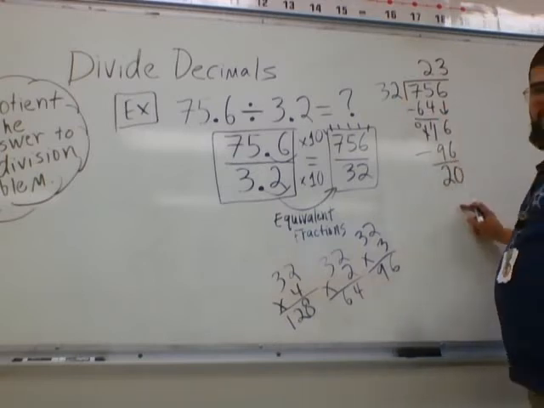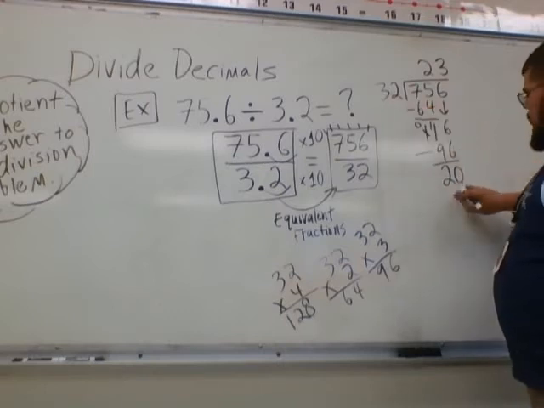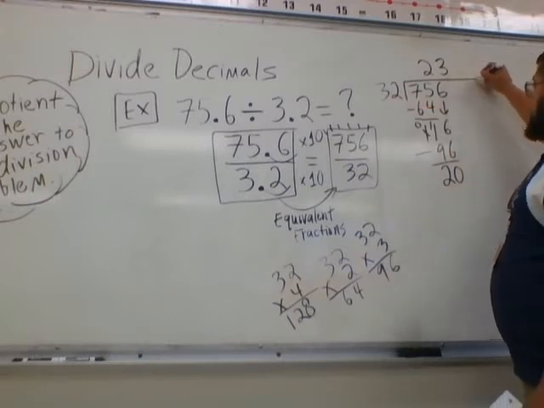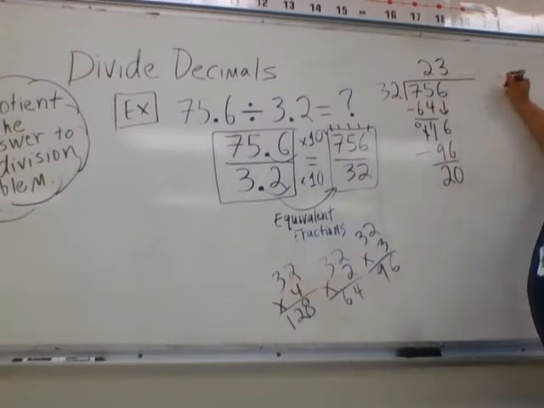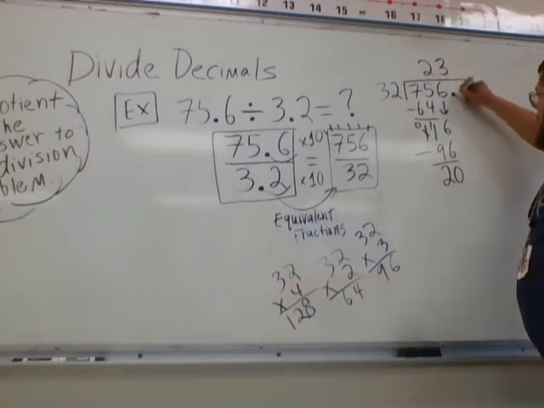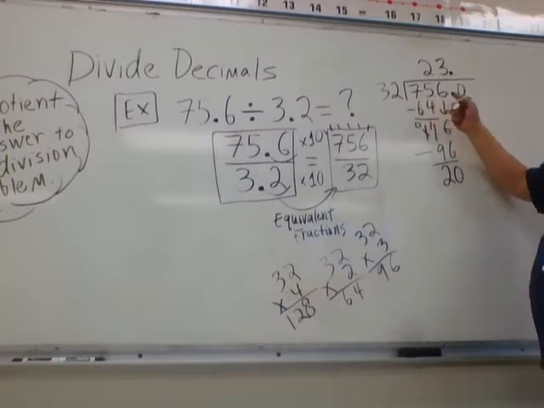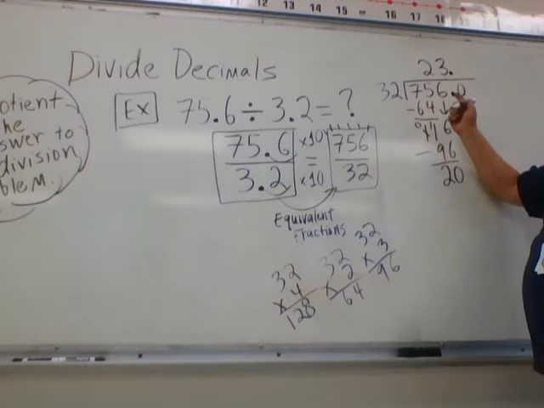And so we see 20 here, right? So 32 won't go into 20, so what's going to end up happening here? We're going to have to extend this line up here, and we're going to have to use a decimal place at the end of 756. Here's another decimal place. Put a 0 here in the back, because remember, 756.0 is the same thing as 756. That's why we can bring that 0.